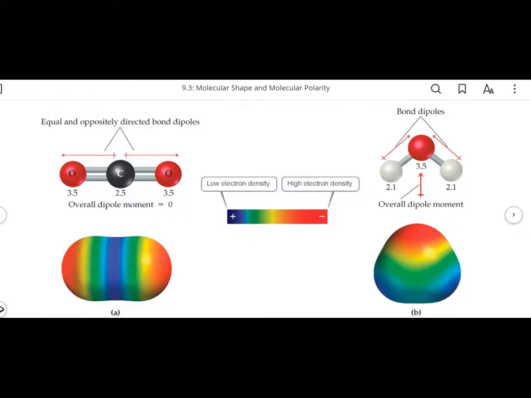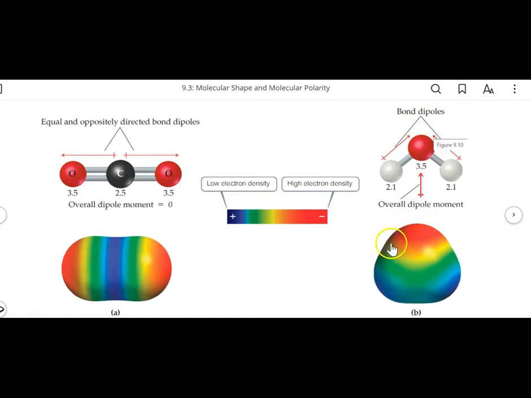So again, let's go back to our Pearson text from Mastering Chemistry and look at the example on the right. So this represents water. Again, oxygen is more electronegative, so it pulls those electrons closer to it. We are going to have an overall dipole moment if we add those vectors up, pulling forward.